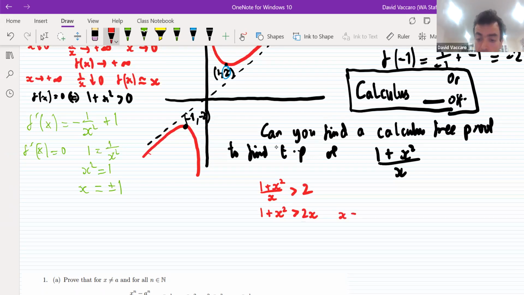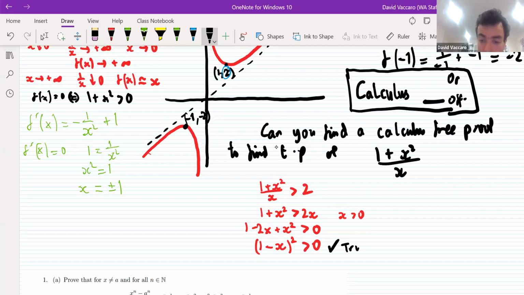I can now subtract the 2x. And now I can spot that the left-hand side is 1 subtract 2x plus x squared, which is 1 subtract x all squared, which is bigger than 0, which is true. So I'm going to put a little tick, true.